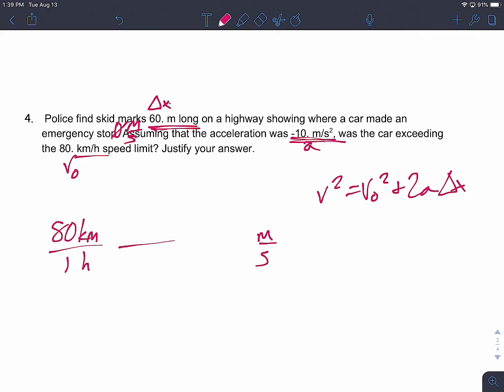So 1 kilometer is 1,000 meters, and 1 hour is 3,600 seconds.